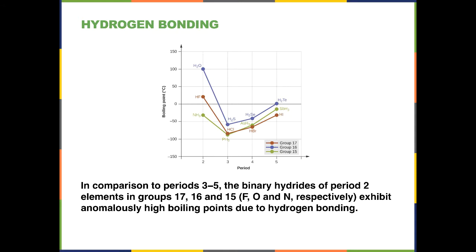But the hydrogen bonding that occurs with this one group, water, hydrogen fluoride, and ammonia, in period 2, throws this entirely off because of the hydrogen bonding. And the boiling point of these substances is considerably higher than one would predict based on dipole-dipole interaction.